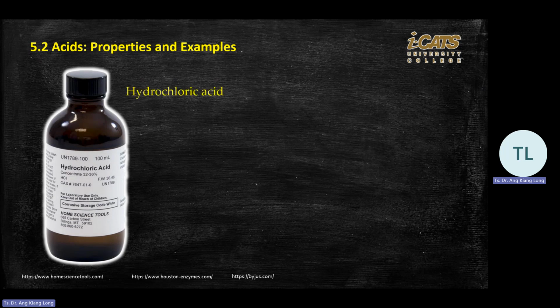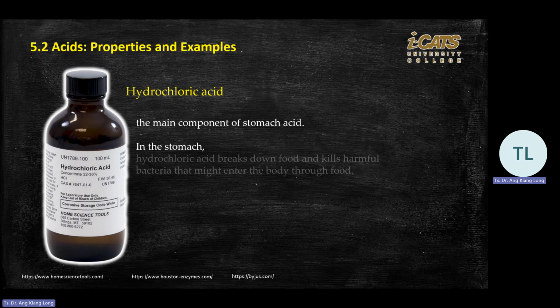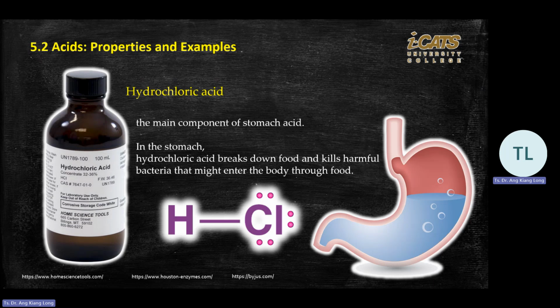Okay. Hydrochloric acid, this one is your stomach acid, the one you have if you vomit or have gastric. HCl, draw the structure, you should be able to do already.